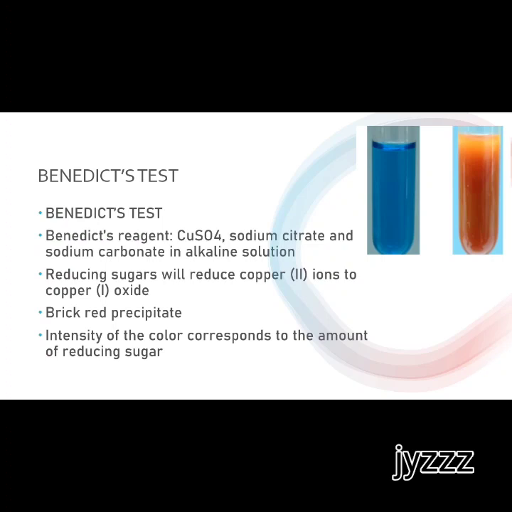Okay, and so that is for your Benedict's test. Again, it uses your copper sulfate, your sodium citrate, and sodium carbonate in alkaline solution. Your Benedict's reagent can be stored, unlike for your Fehling's test, where the reagent should be freshly prepared.